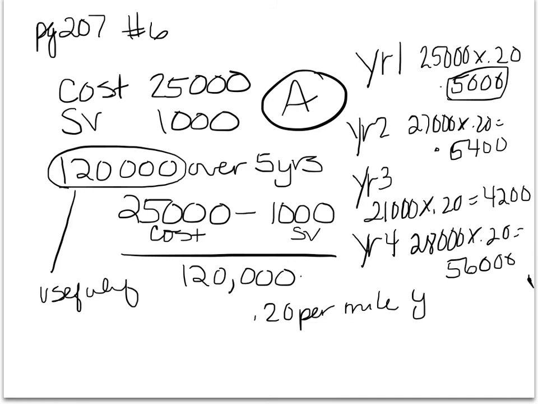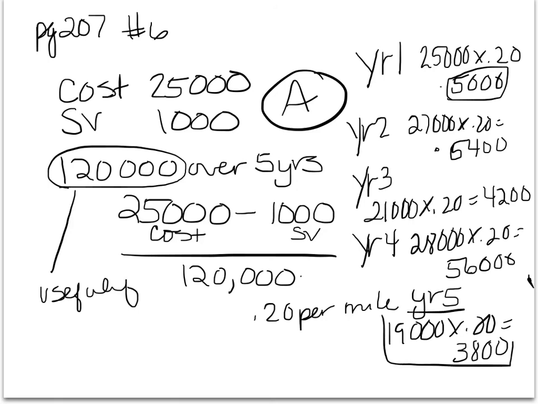And then in year 5, the depreciation would be 19,000 miles times 20 cents, giving us depreciation for the last year of, go ahead, you can be calculating this too, $3,800. So every year, as you can tell, the depreciation changed depending on the miles.